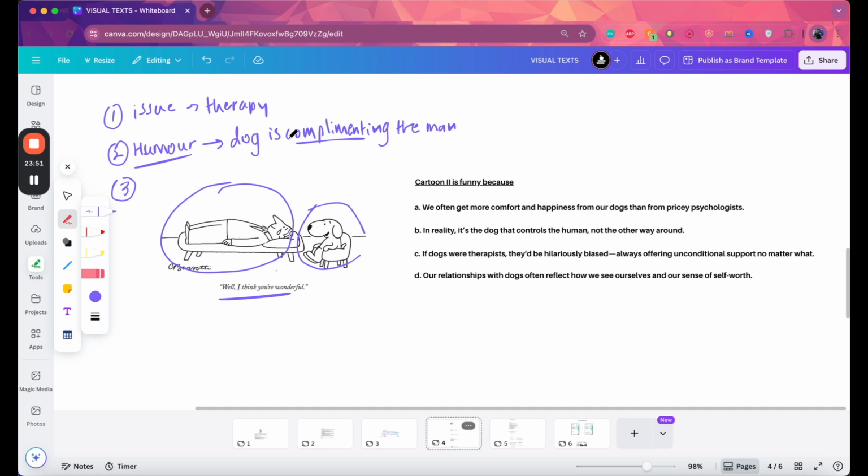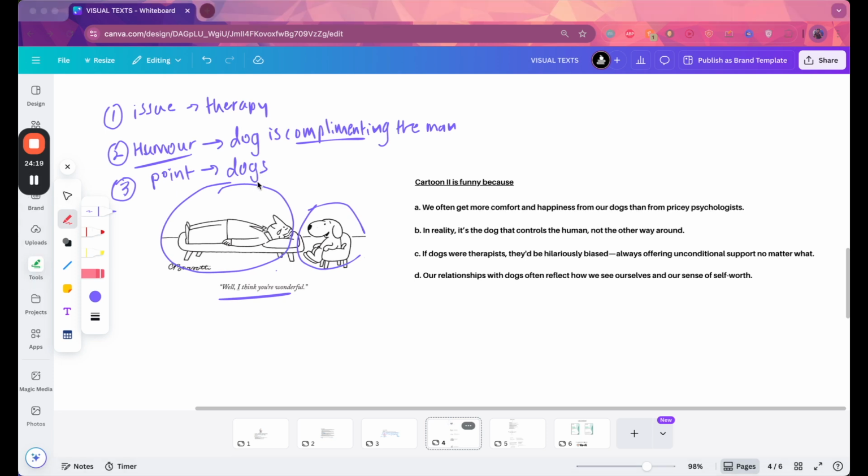It's the satire that dogs cannot really give an impartial view. They always will love you, at least hopefully they always will. So the point, at least as far as I think it is, is that dogs might not be great therapists because they can only tell you good things.